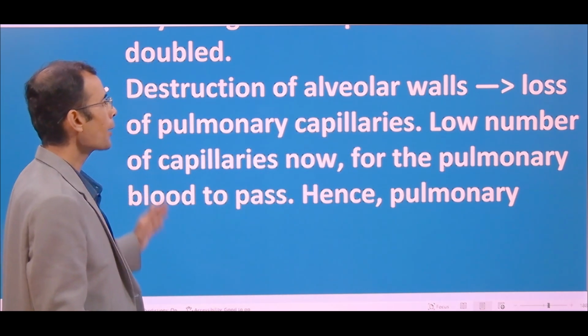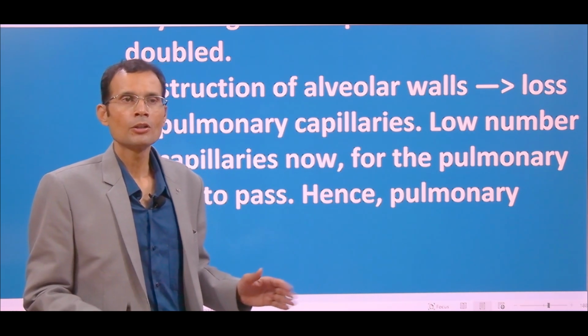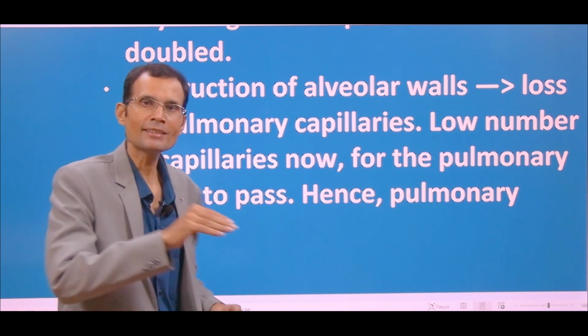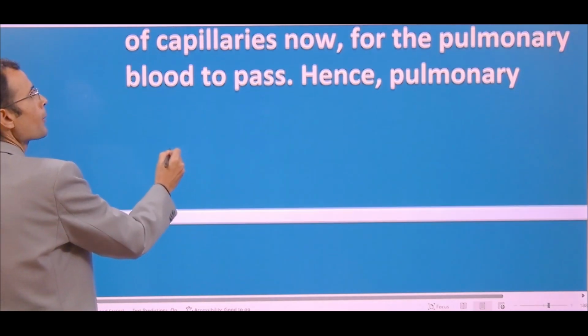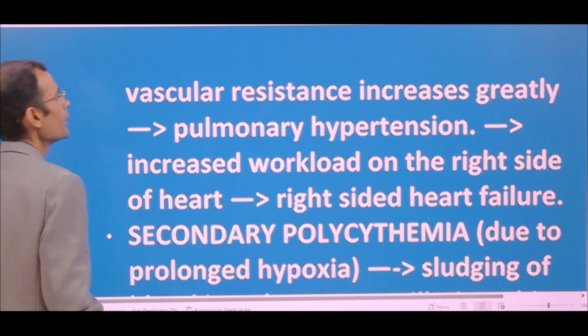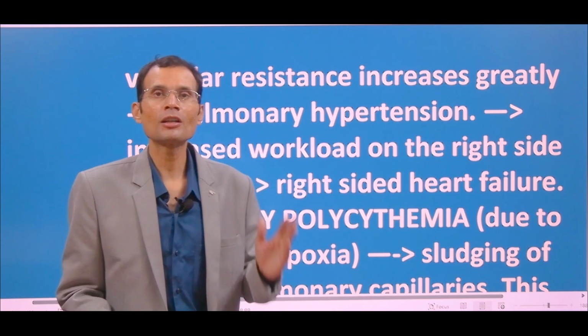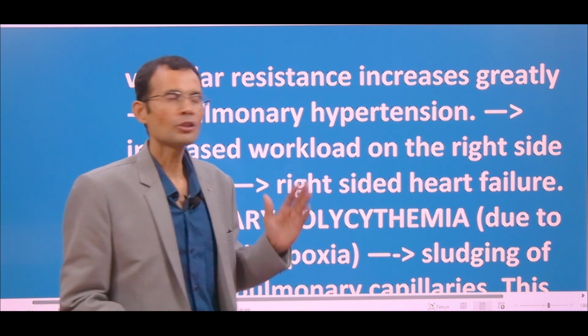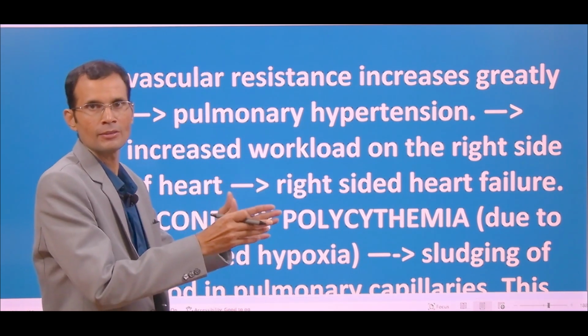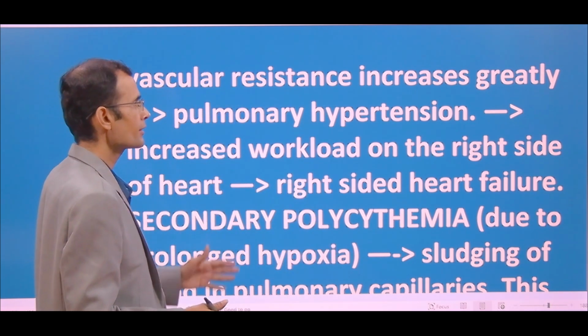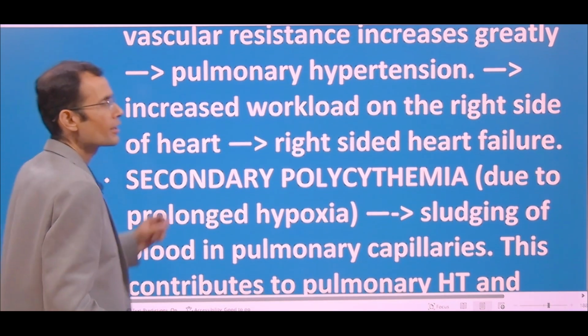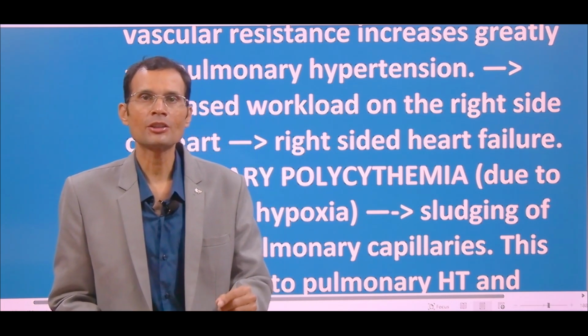Now a low number of capillaries are available, so blood has fewer capillaries to flow through, and therefore it results in increased pulmonary vascular resistance. Now the blood has fewer channels to flow through, and therefore an increase in the vascular resistance. Therefore it results in pulmonary hypertension.